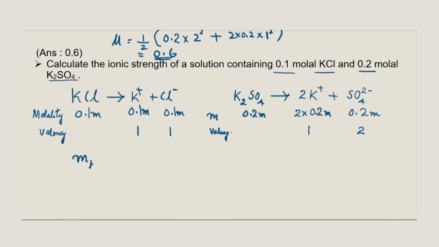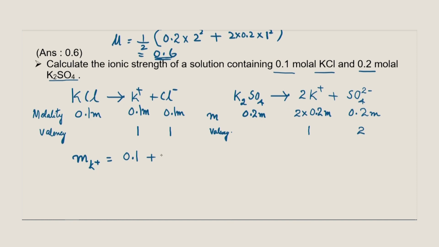So, you have to add up both the ions, the molalities should be taken together, and that will be the sum of the molality of K plus ions from KCl as well as the molality of K plus ions we are getting from potassium sulphate. So, here we will have to calculate the molality of K plus first. K plus will be equal to molality of K plus from KCl, that is 0.1, plus molality of K plus ion from potassium sulphate.